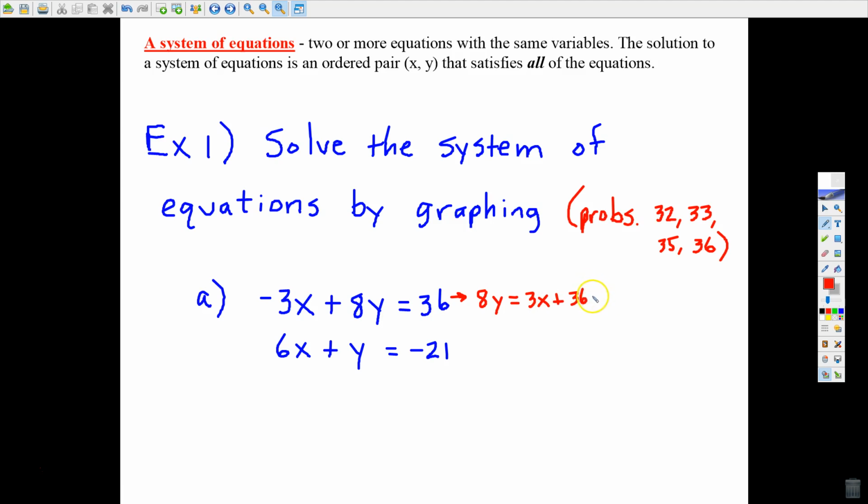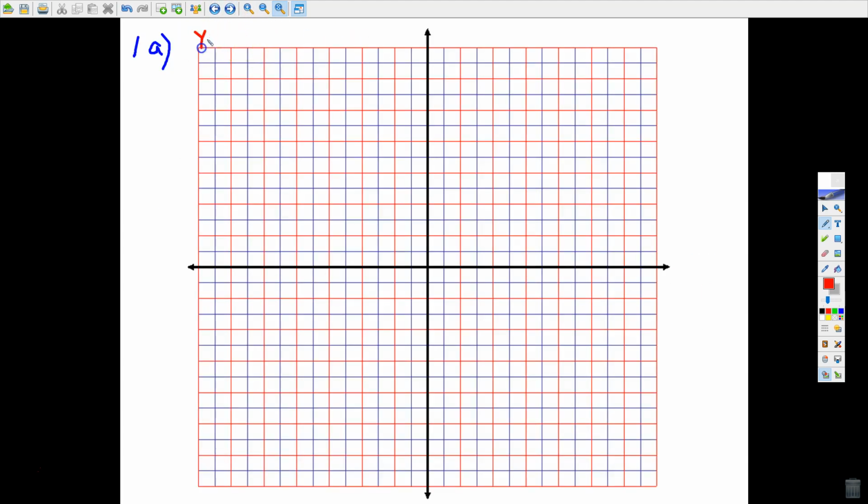And then going one step further, I'm going to divide by 8 on both sides. y is equal to 3/8 x plus 36/8. And we can reduce 36 over 8 to 9 over 2, which is another way of saying 4.5. Okay, and we'll do this line in just a moment. y equals 3/8 x plus 9/2. We'll do that in red.